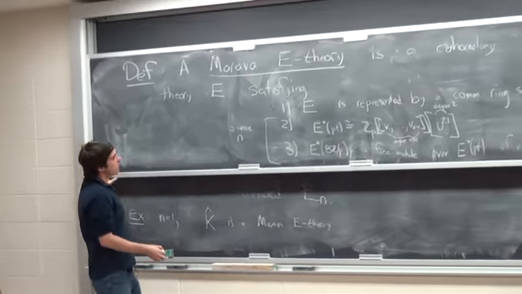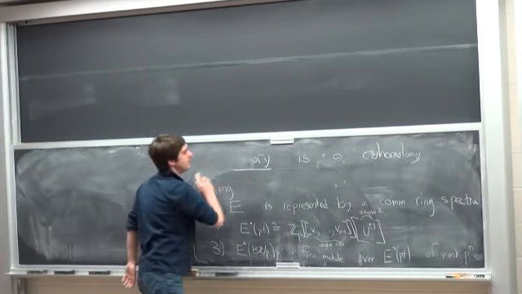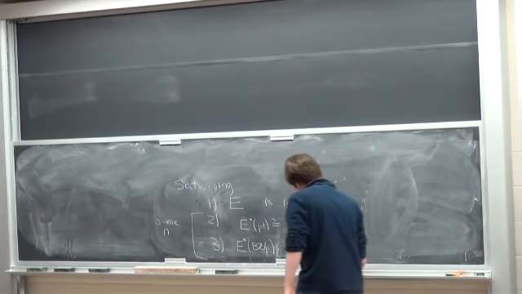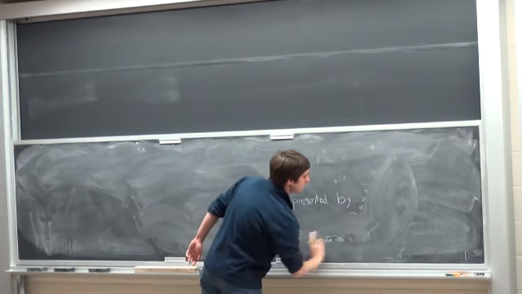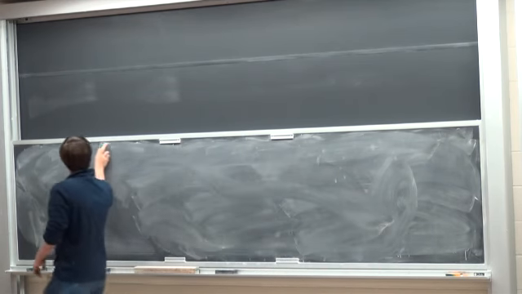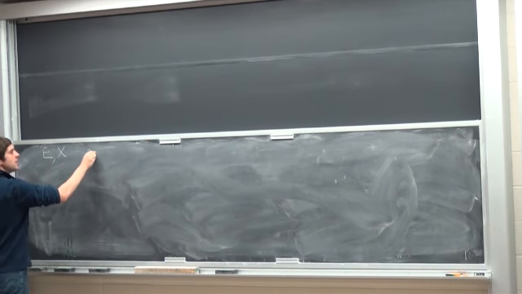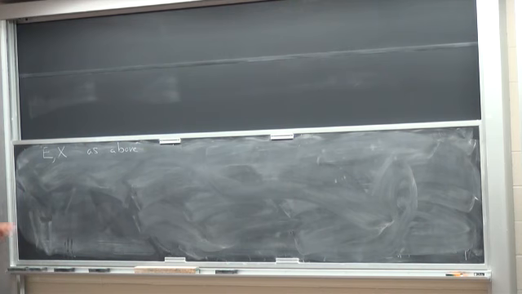So let me list those properties right now. So let E and X be as above. E is a Morava E-theory. X is a p-finite space. So let me state a hypothesis.